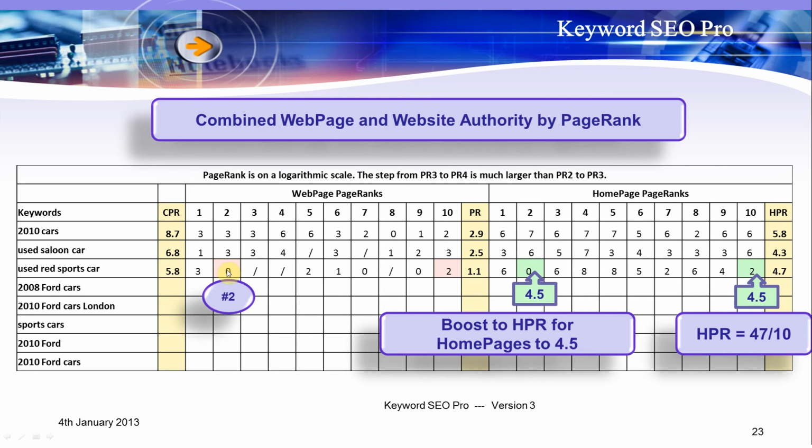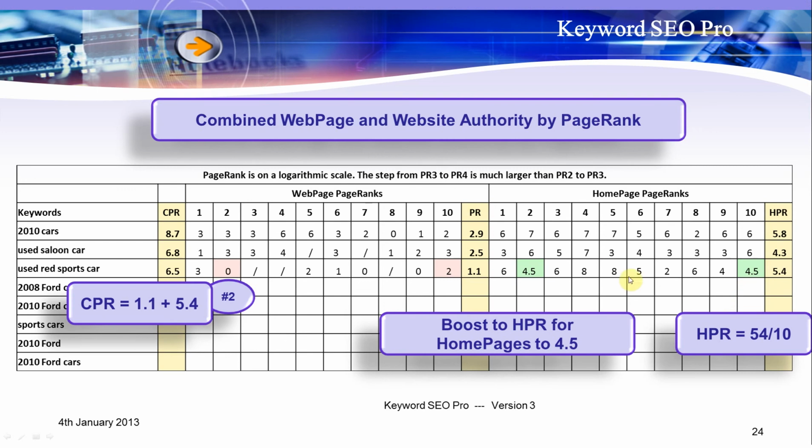So this page in position 2, Google is boosting it, and that boost amounts to 4.5. So any homepage that is competing for a keyword that has a page rank of 4 or less, Google is boosting it to 4.5. So here I've included this boost.